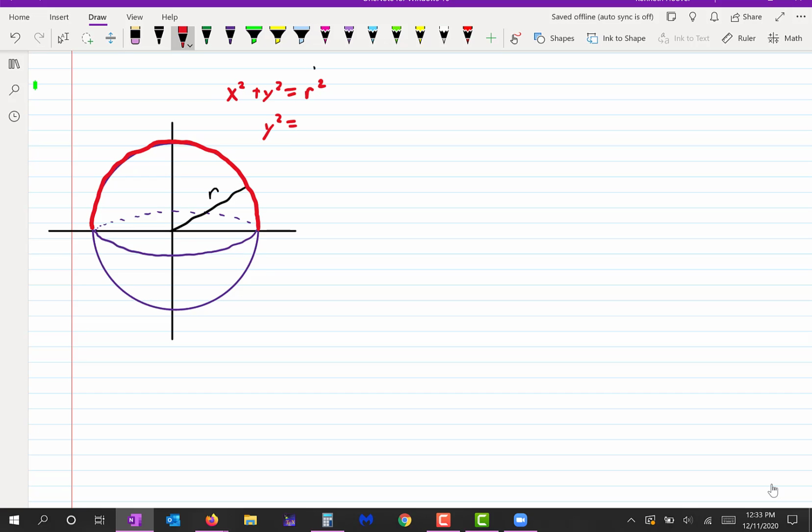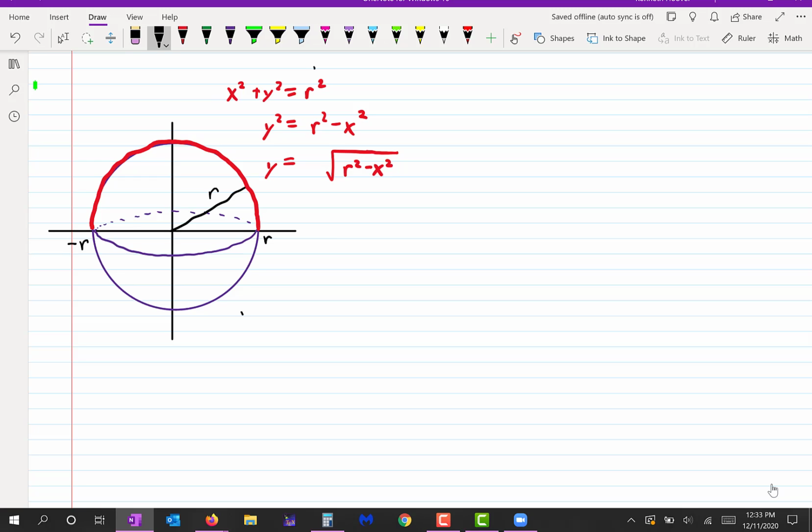Which would mean y squared equals r squared minus x squared, which means that y is plus or minus square root of r squared minus x squared. Now, we're looking at the top semicircle. The y values are positive, so we can throw away that minus. Okay, so we have y equals the square root of r squared minus x squared. On the x-axis, that spans from negative r to positive r.